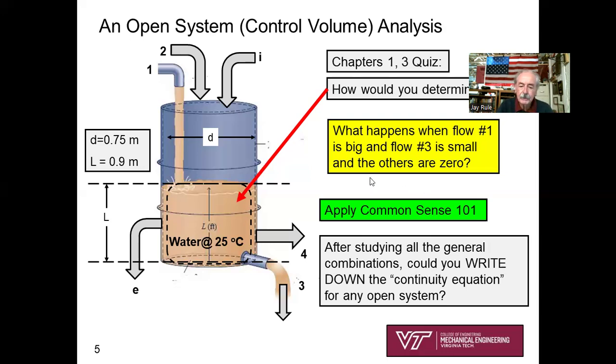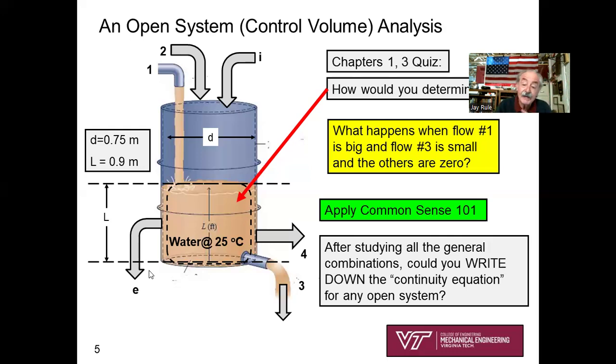So what do you figure is happening in that situation? Big flow coming in, dribbling coming out. What's happening to L? The tank's starting to fill up, isn't it? So for this open system, control volume, that would be transient flow because the liquid level is rising and rising and rising.